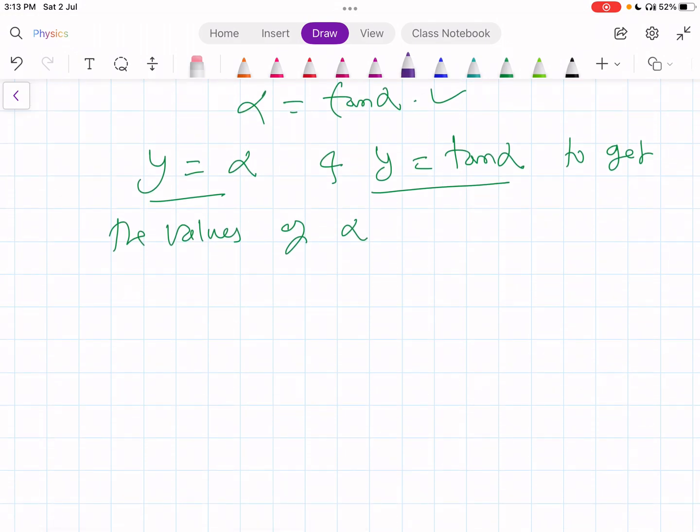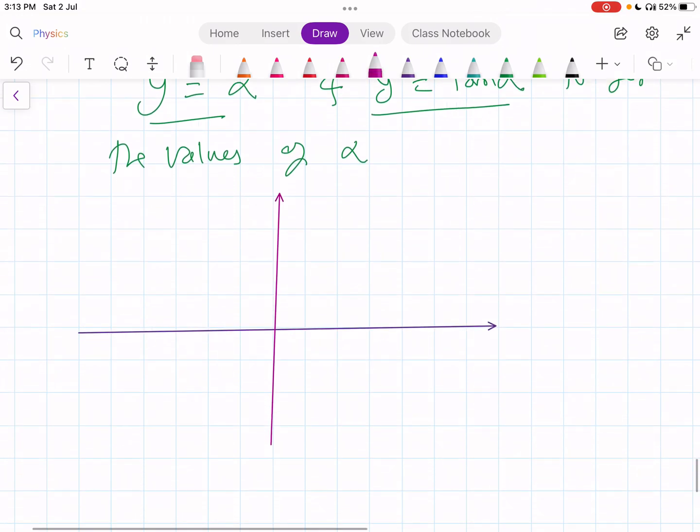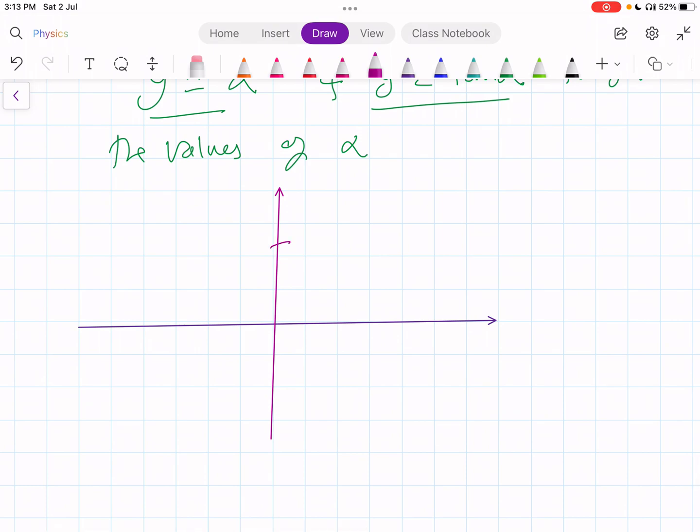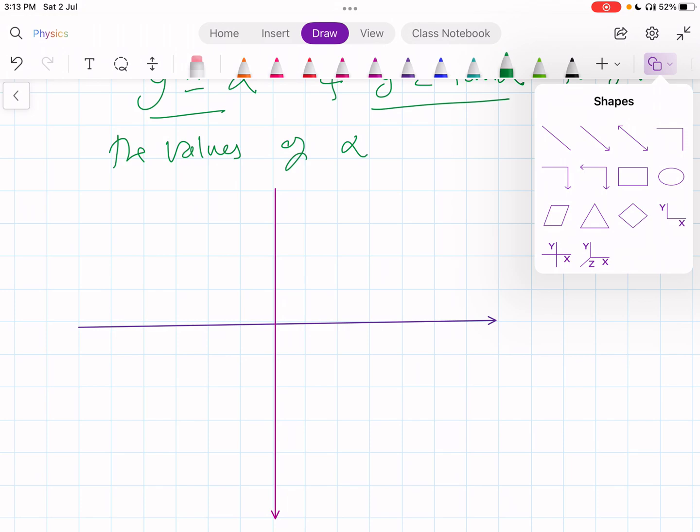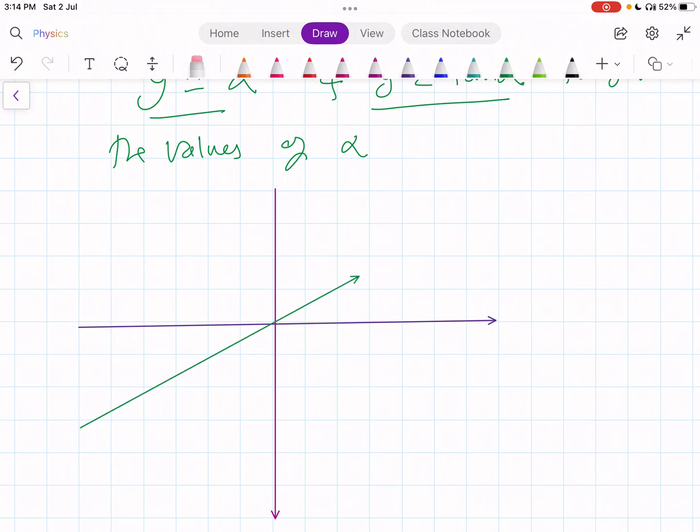So the graph, suppose this is x-axis, this is y-axis, then y equals to alpha, we get the straight line. This is y equals to alpha.